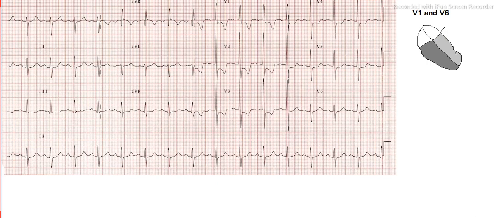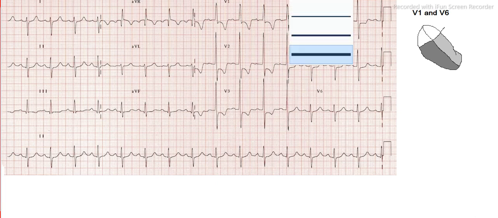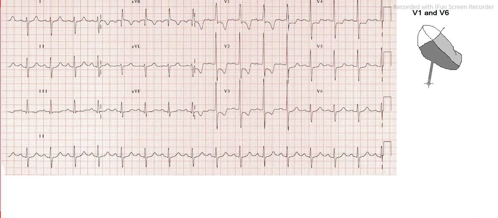So when you draw the resultant vector, from the right ventricle the resultant vector will be in this direction, isn't it? And from the left ventricle the resultant vector would be in this direction.